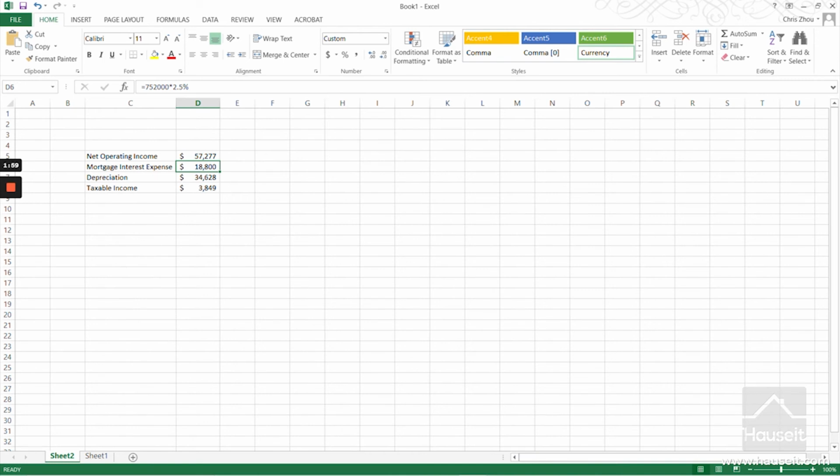Only the interest is deductible. Depreciation, this is the cost basis. So again, this is the purchase price plus closing costs times approximately 3.6% of this cost basis. So that's 1 over 27.5 years is about this amount.